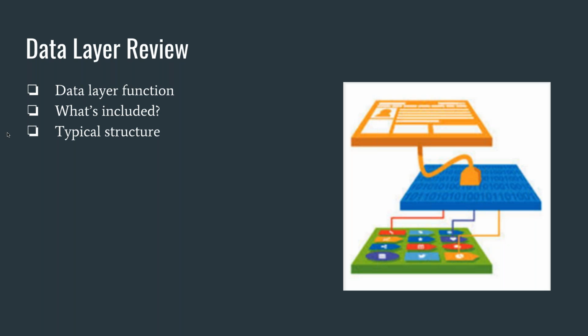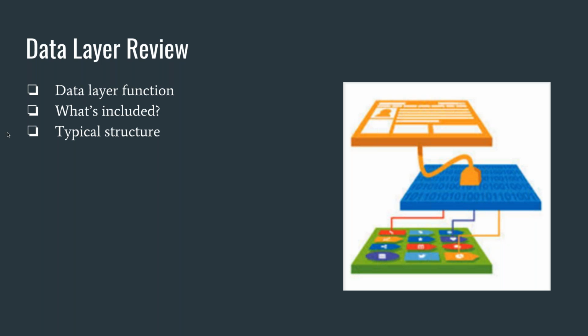Now, once you define that data layer architecture and you define everything that should be in there and you start referencing it for all of the different tags and tracking and analytics, campaign tracking, attribution, all that good stuff that you're doing on your website, it becomes critical. If something's missing from the data layer or some structure is off, that data point is not going to be available within reporting in any of those platforms that are referencing it.